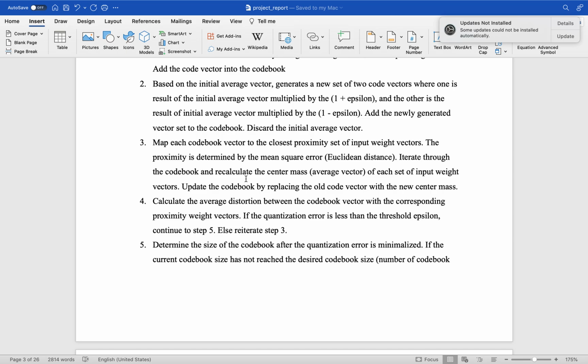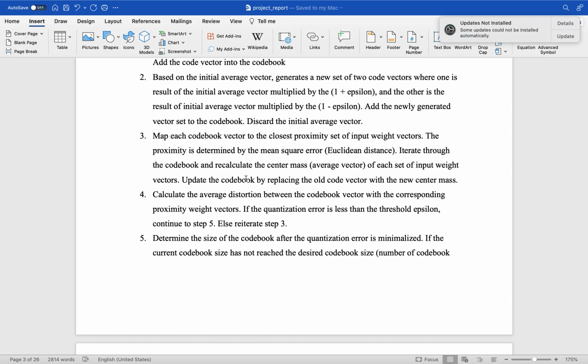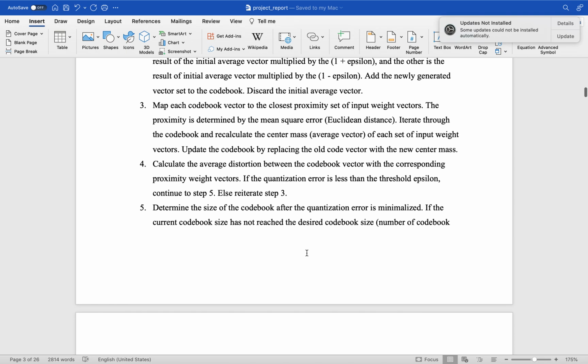So a set of two vectors from the step above is replaced with another two vectors, each of which is a new center mass of two chunks of the input weight vectors. We will calculate the average distortion between the codebook vectors and the corresponding proximity weight vectors, and determine the quantization error. If it's less than the epsilon threshold, we continue to step 5.